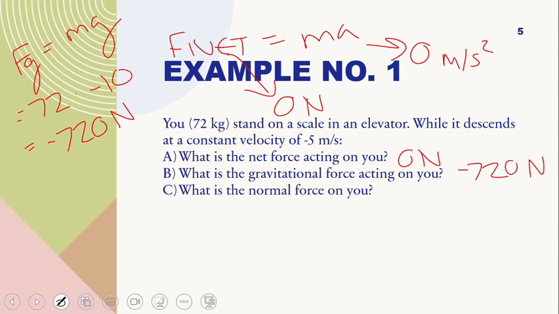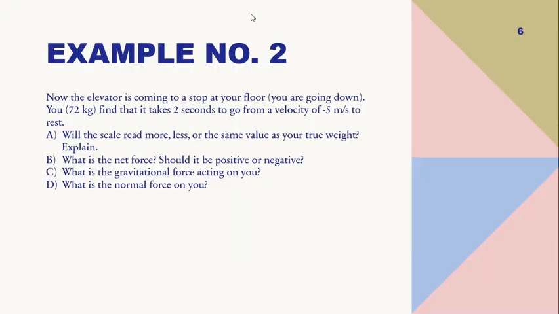And for part C, we are asked to find what the normal force acting on you is equal to. Well, since there's no net force, the upward and downward forces acting on you must be equal in magnitude. So the normal force is equal to the gravitational force, but since it acts in the positive direction, we'll write positive 720 newtons.